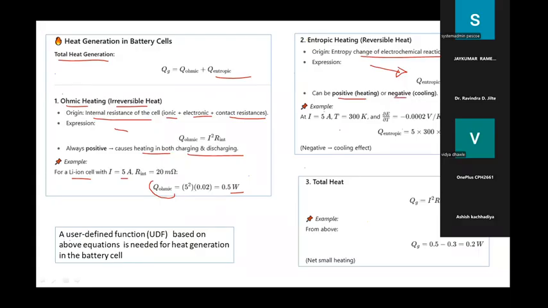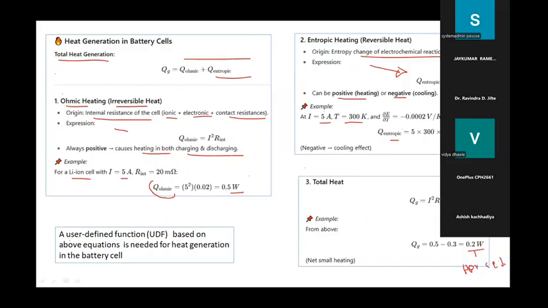For example, for a single cell with 5 ampere, a cell temperature of 300 Kelvin, and a slope of around minus 0.002 volt per Kelvin, the entropic heat can be calculated as minus 0.3 watt. Total heat, if you add these two, comes around 0.2 watt per cell. So this is per cell.